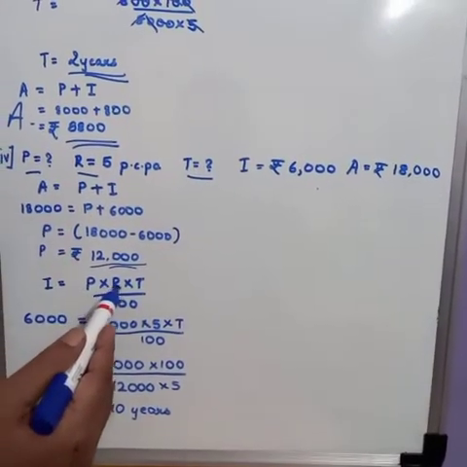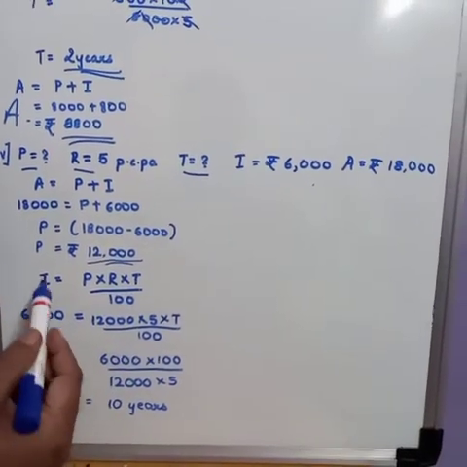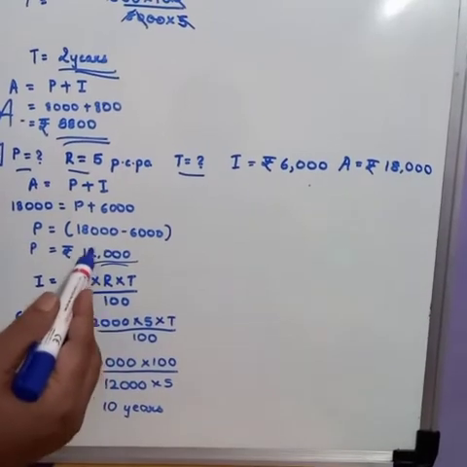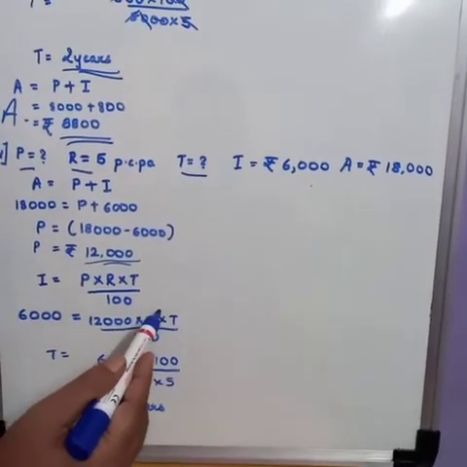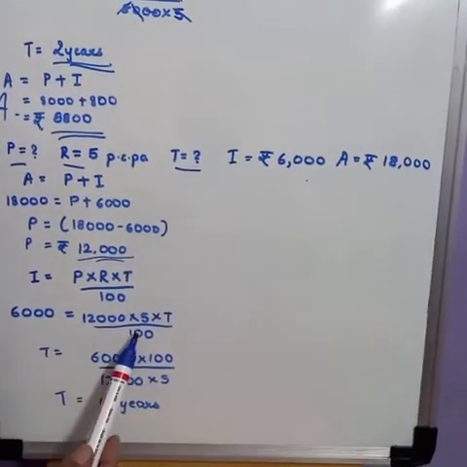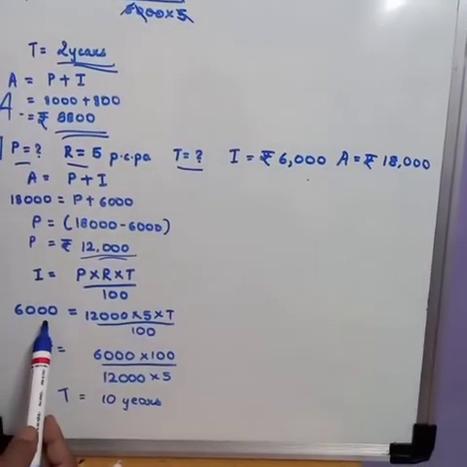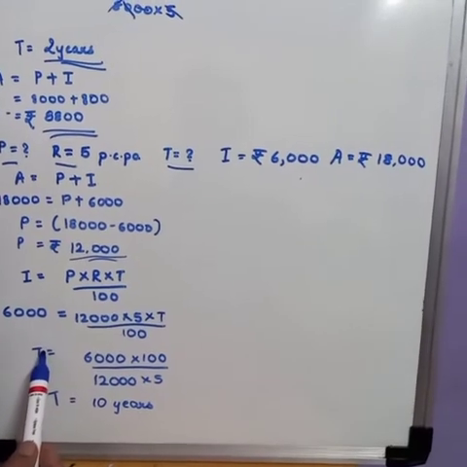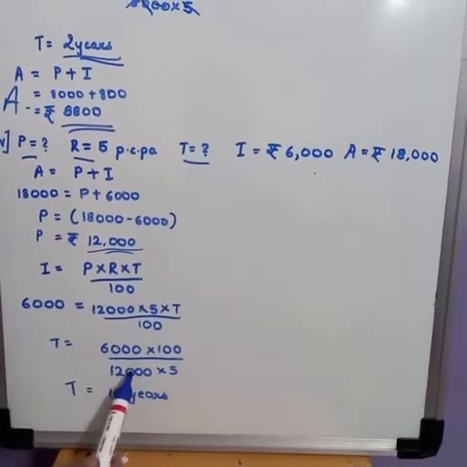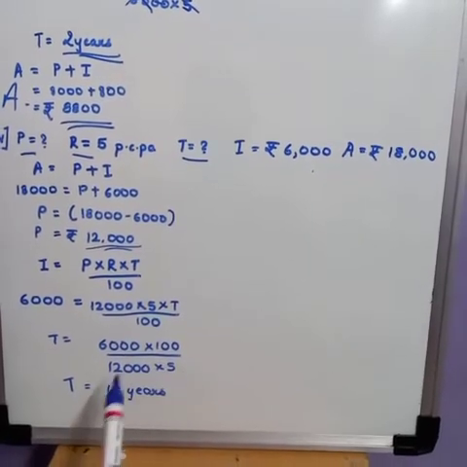I is equal to P into R into T upon 100. Interest we got, that is 6,000 is equal to principal, now we got, that is 12,000 into 5 into T upon 100. So 100 we are taking to the 6000 side, that is on the left hand side, to find time. So 6000 into 100 upon 12,000 into 5.